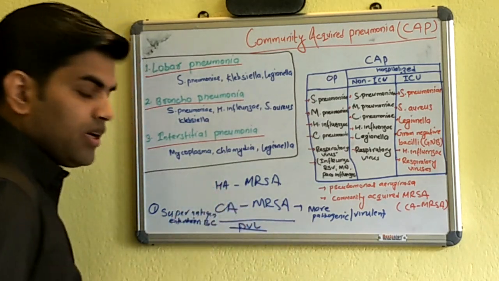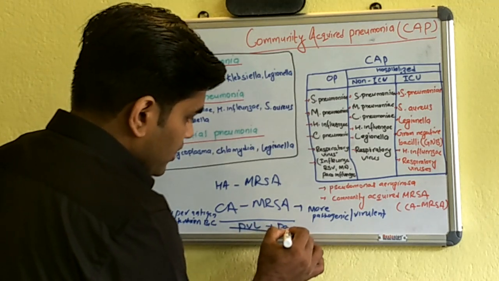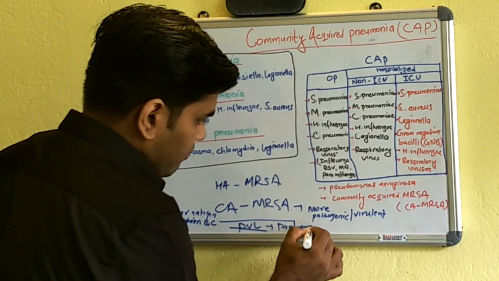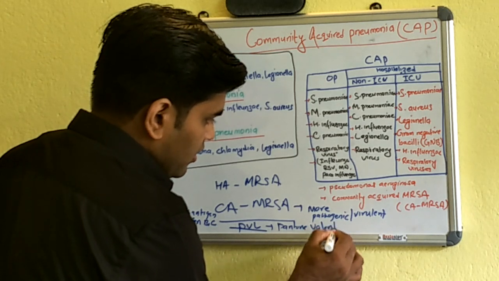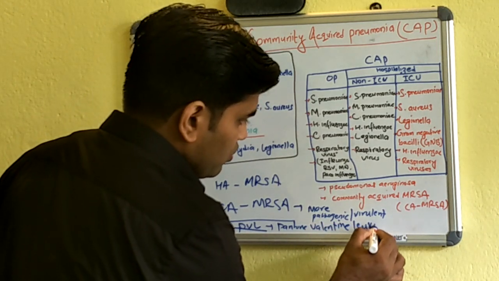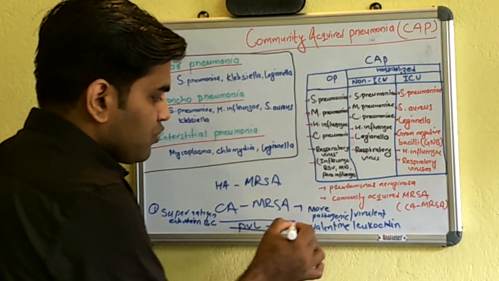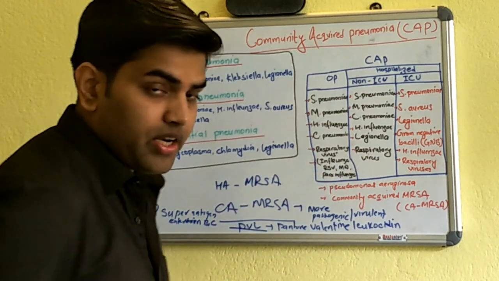What is this PVL? PVL full form is Panton-Valentine leukocidin.